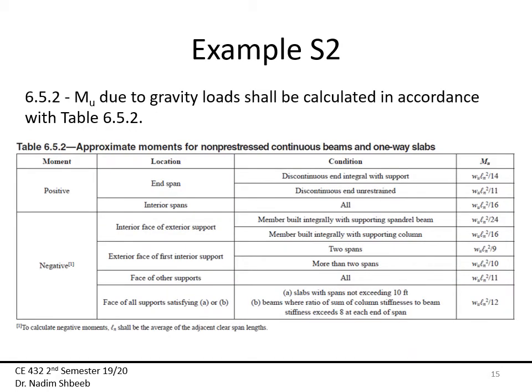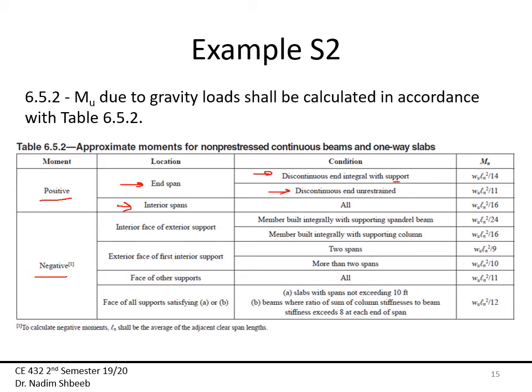Now, what are these? As you know, for continuous beams and solid slabs, I have positive moment and negative moment. For positive moment, I have 2 conditions: end and interior. For the end span, I also have 2 conditions. If it is discontinuous and integral with support, then I'm going to use wL square over 14.